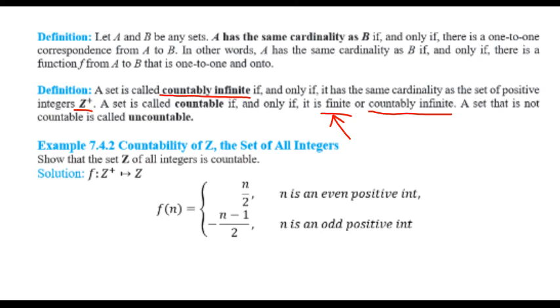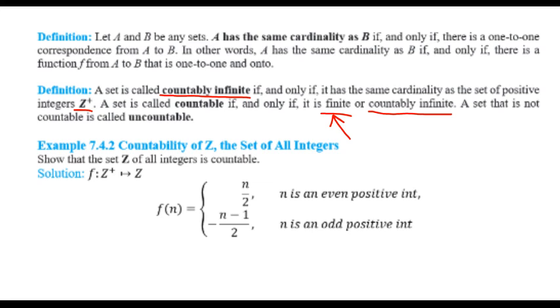Now let's see an example from the book regarding the countability of an infinite set called Z, which is the set of all integers. We are going to prove that the set of all integers is countably infinite, correct?